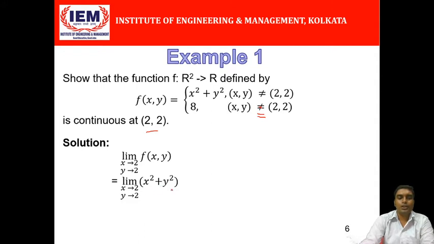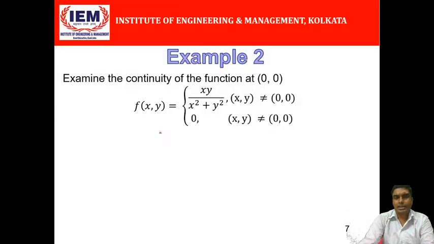Now it is a polynomial, so it is continuous, so I can put x equal to 2 and y equal to 2, so it is 4 plus 4, that is equal to 8, and that is exactly equal to the functional value of 8. So I can say this function f of x, y is continuous at the point (2, 2).